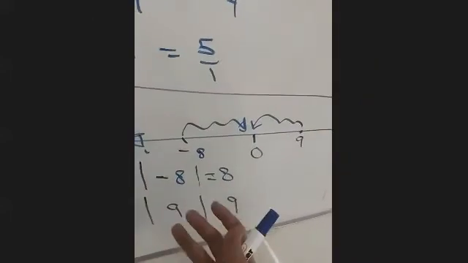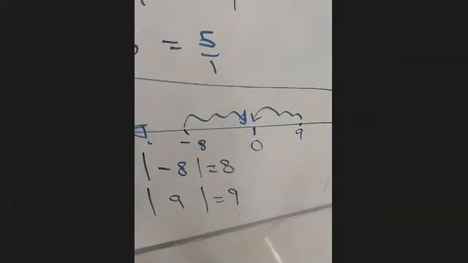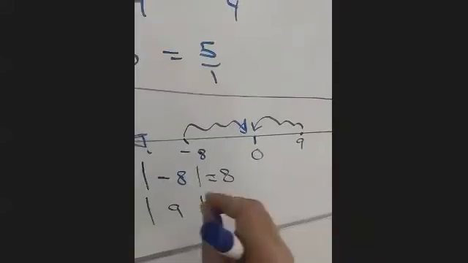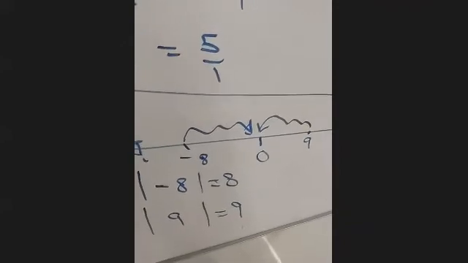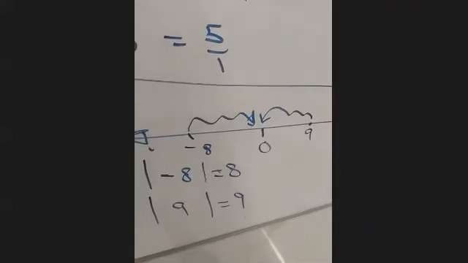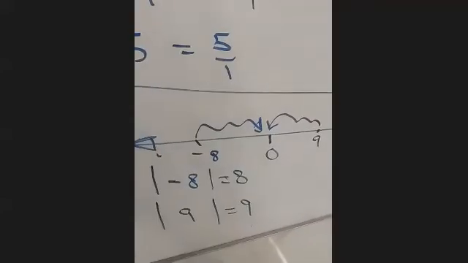What we said here, Rakan, what's the absolute value? It is the distance, right? The absolute value is the distance, and the distance is always positive. The distance cannot be negative, right? What's the absolute value of negative 8?